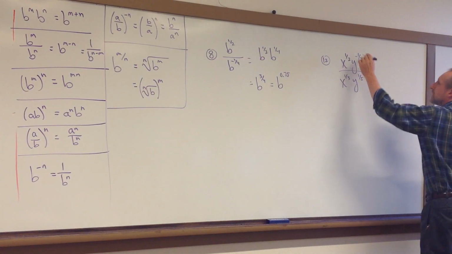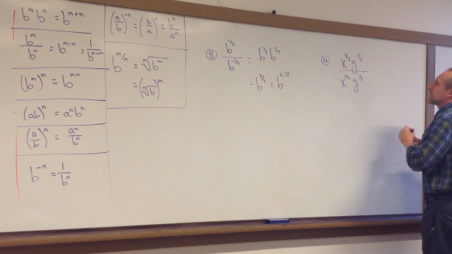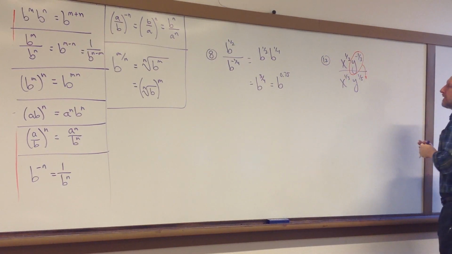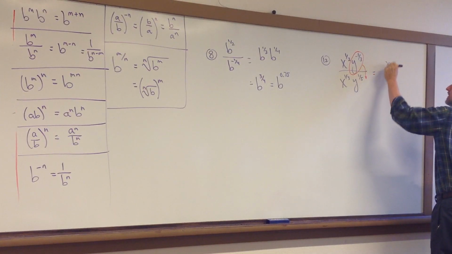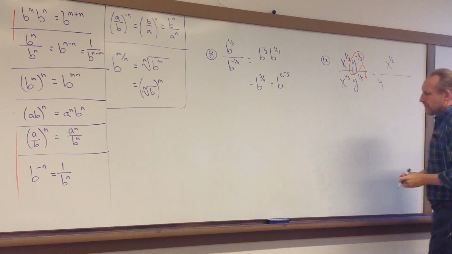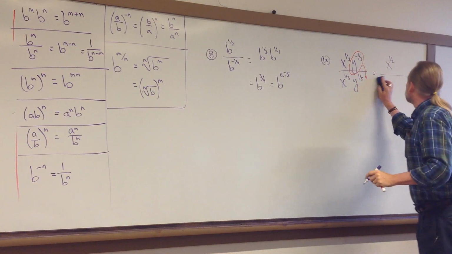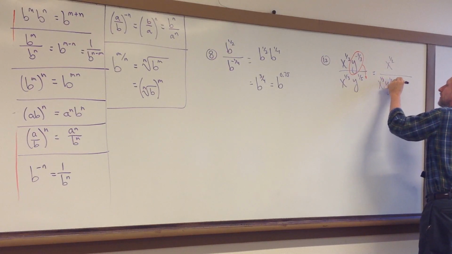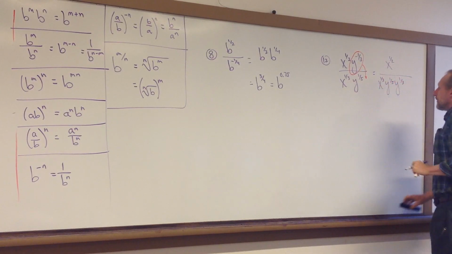What I like to do is to take this thing that has the negative exponent right there, move it to the bottom, and turn the exponent positive. So this will be x to the 1/2 on top, and then x to the 1/3, and then y to the 1/5, y to the 1/3.